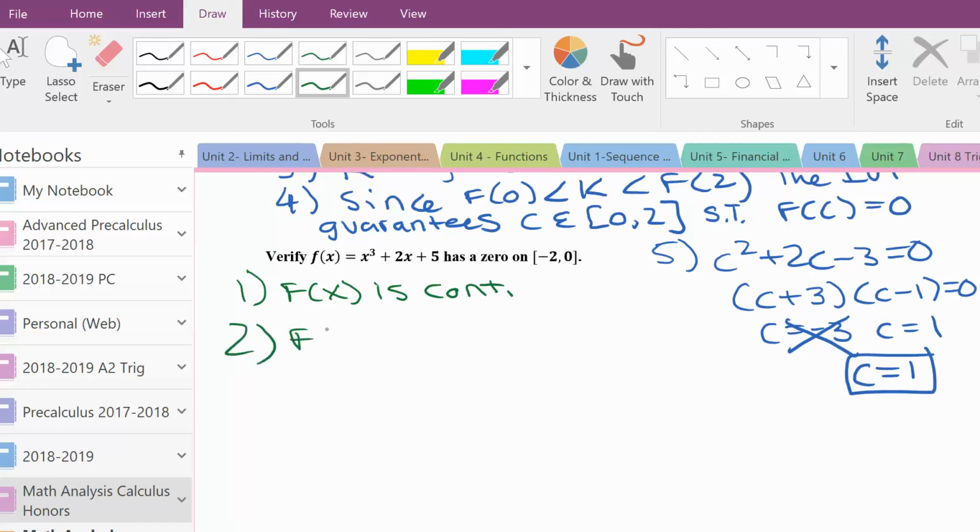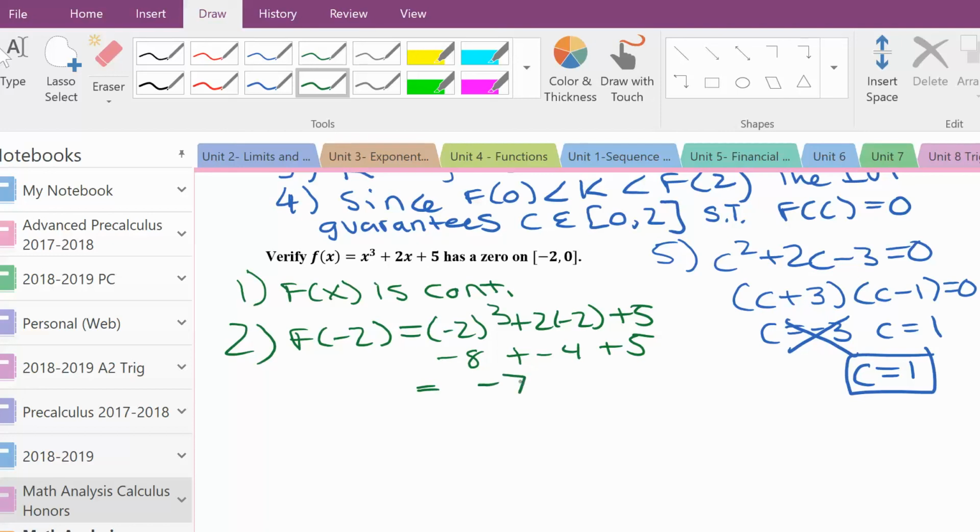We know that f of negative 2 equals negative 8 plus negative 4 plus 5, so it equals negative 7, and then f of 0 is equal to 5.